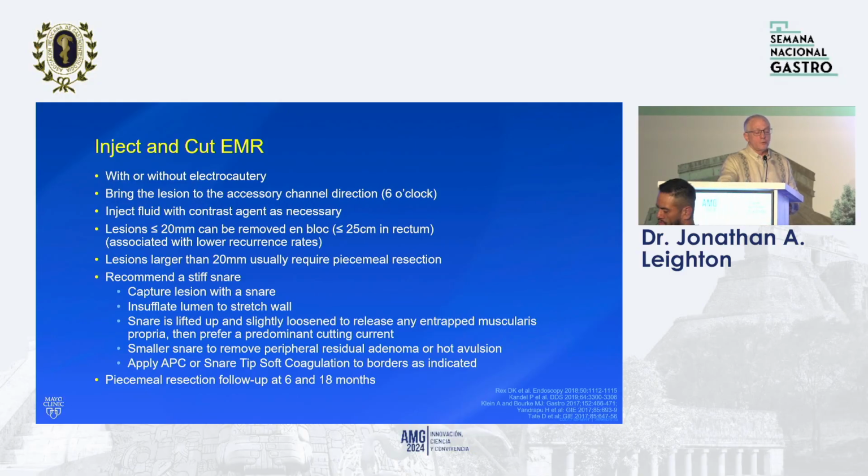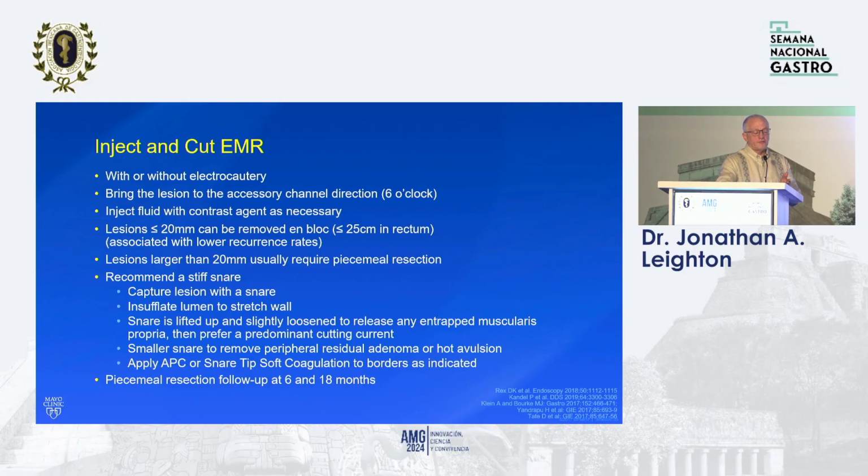Lesions larger than 20 usually require piecemeal resection, and then again we recommend a stiff snare where you capture the lesion with the snare, insufflate the lumen, then the snare is lifted up, and this is a subtle thing, but you want to slightly loosen it if you're concerned about any entrapped muscularis propria, and then prefer a predominantly cutting current.